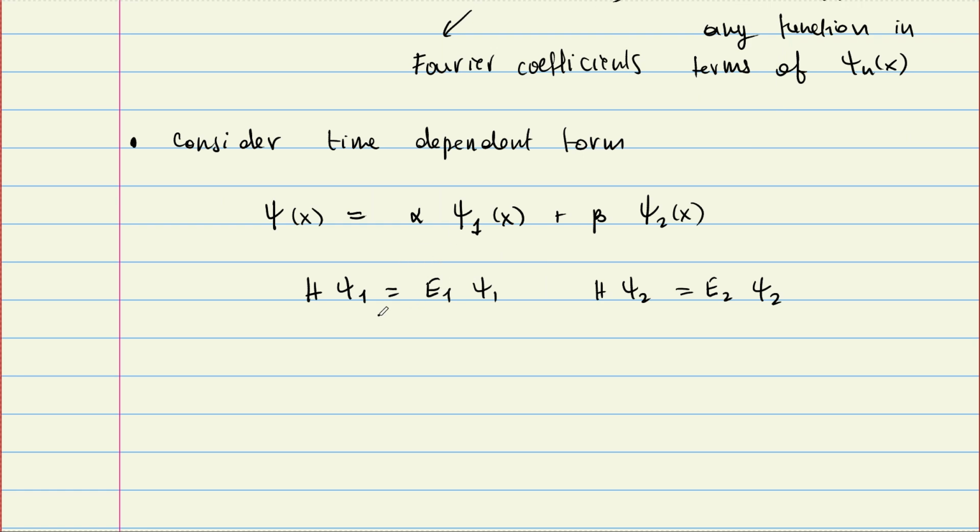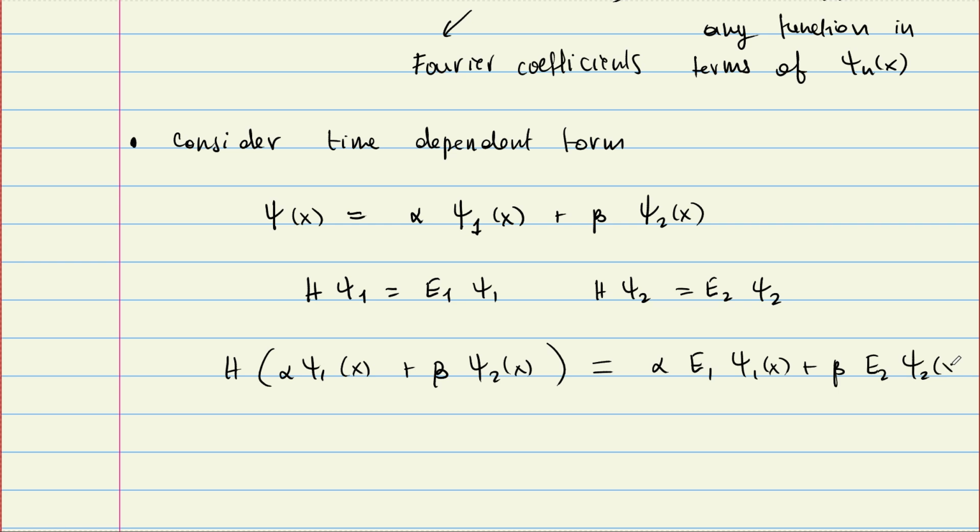Now, maybe this is a common mistake. The time independent Schrödinger equation is linear, so if psi 1 and psi 2 solve it, their linear combination should also solve it. What people do is h acting on alpha psi 1 of x plus beta psi 2 of x, and you can open this up. This is alpha E1 psi 1 of x plus beta E2 psi 2 of x.